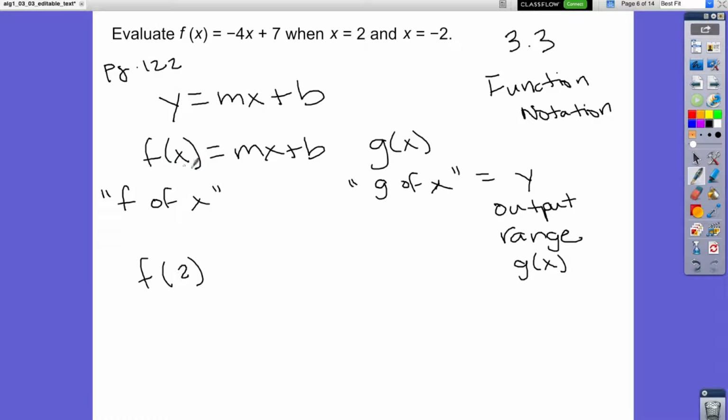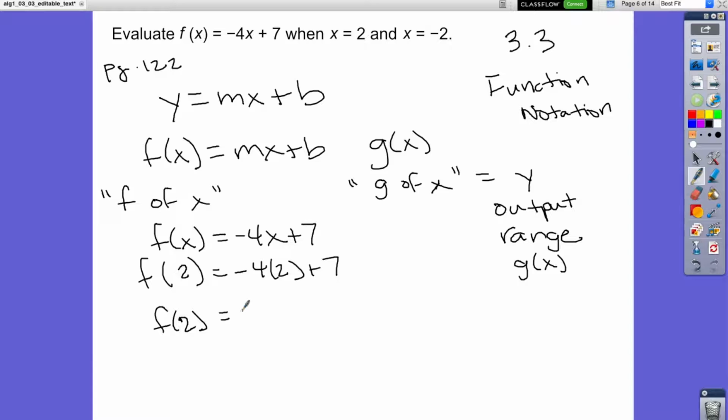Oh, so that means I'm going to replace the x with 2. So everywhere you see x, you're going to replace it with 2. So negative 4, parentheses 2, plus 7. So f of 2 equals negative 8 plus 7, right?